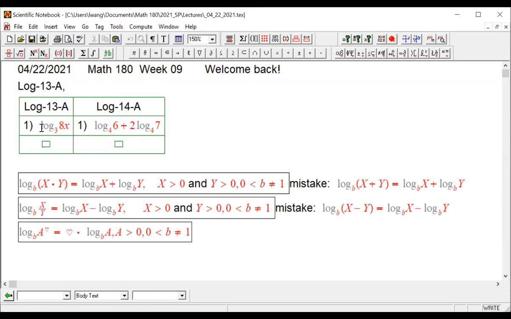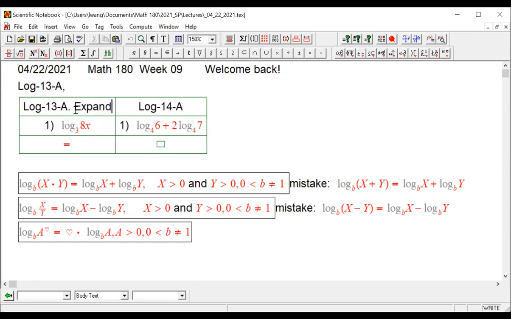So what we see here is that the question in 13a is a single log. This is a single log. And this is not a single log. There's 2 logs in addition or subtraction. So the task in 13a is to expand.